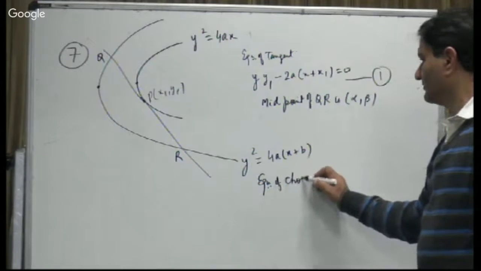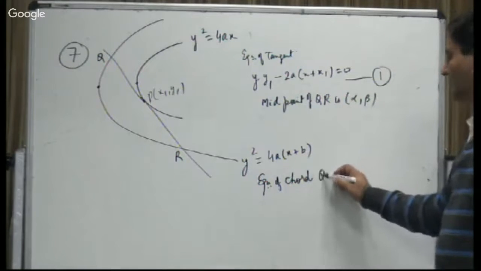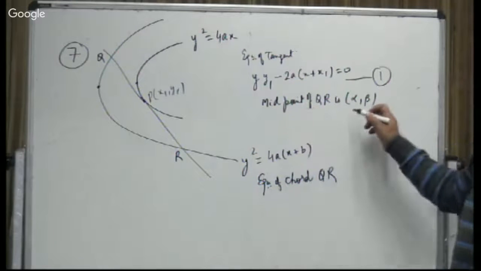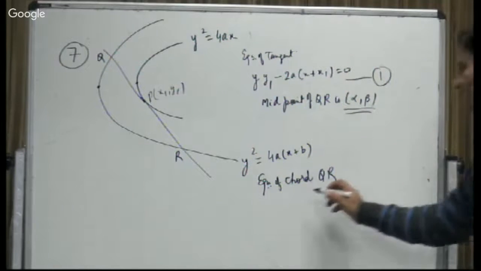The equation of chord QR whose midpoint is alpha beta is S1 equal to T.